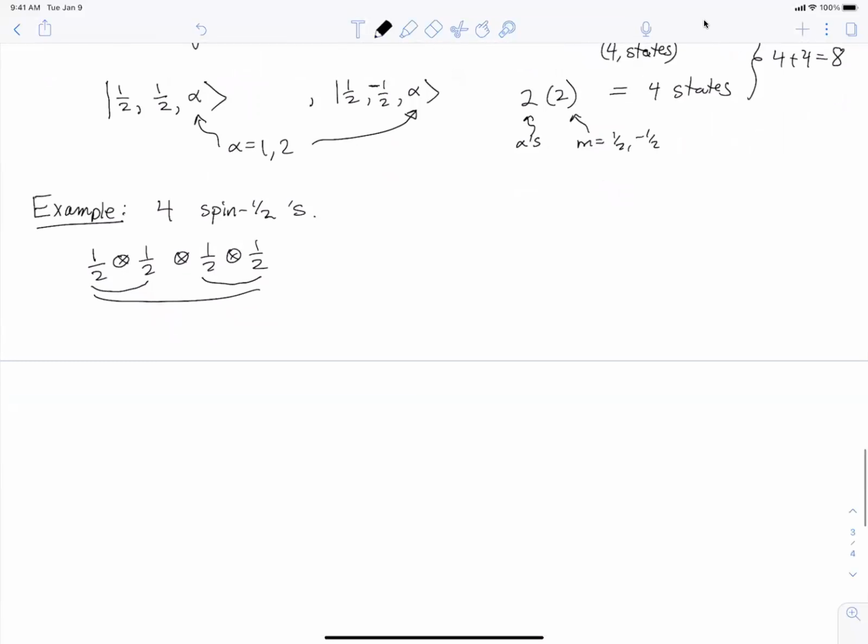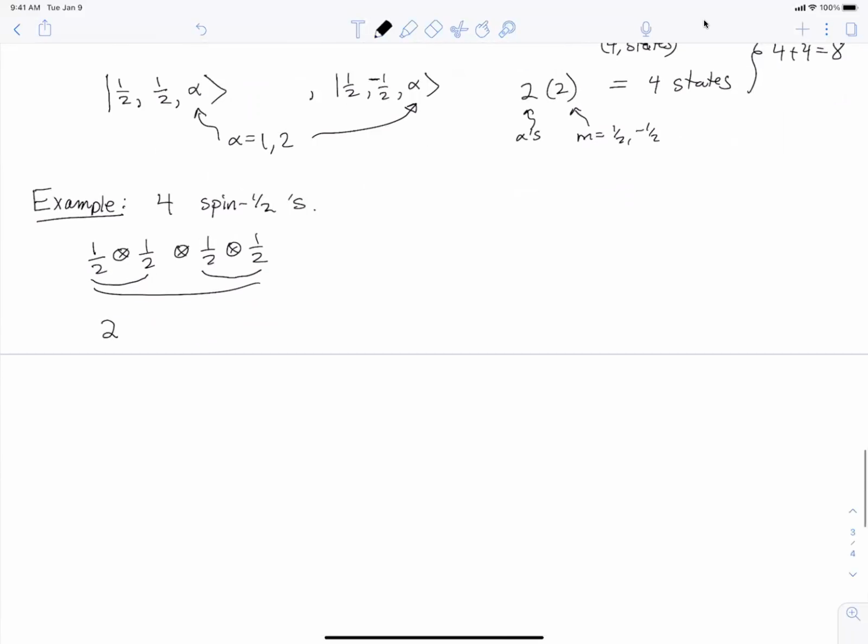Now, however I do it, let's count the number of states we're going to expect first. There's 2 states for each spin 1/2, and there's 4 of them, so 2 to the 4th is 16 states. Okay, now if I combine the first 2, that gives me spin 1 and spin 0.